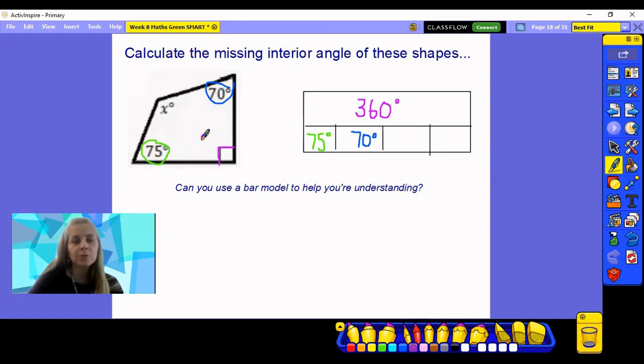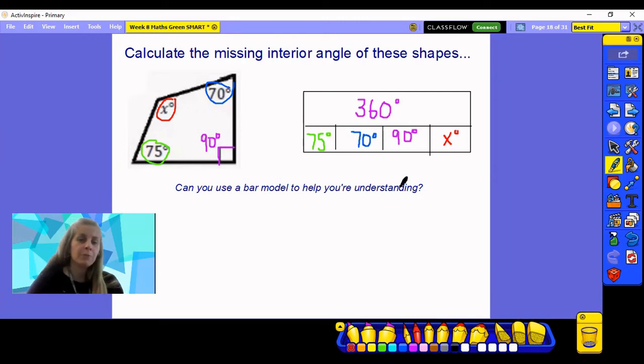So therefore this will be a 90-degree angle here, which we can add to our bar model of information. And obviously we are still trying to find out what our final missing angle is going to be. So we don't know that one yet.